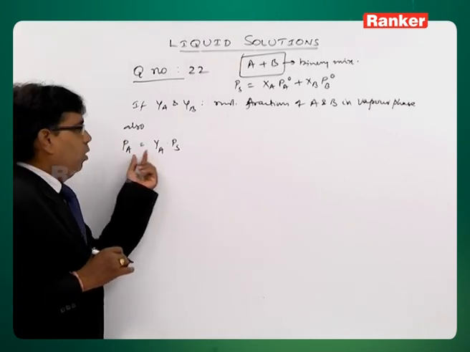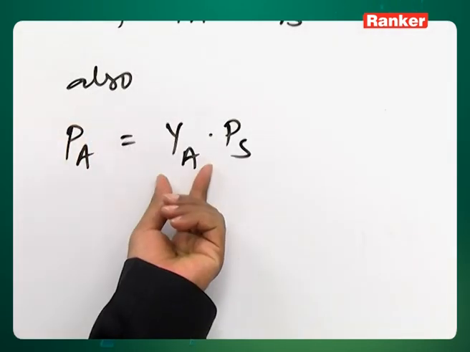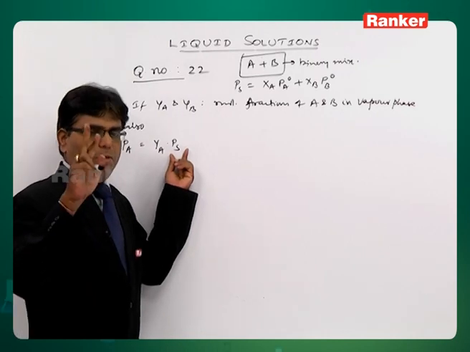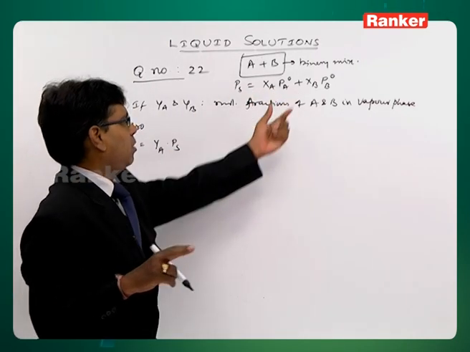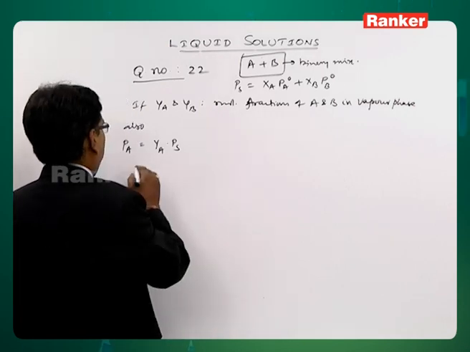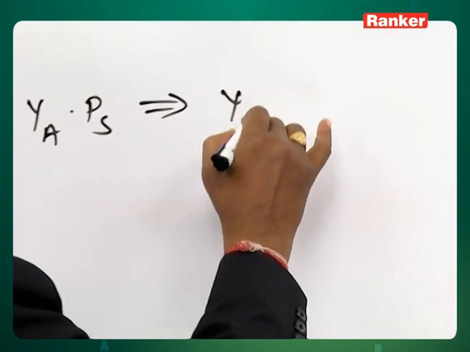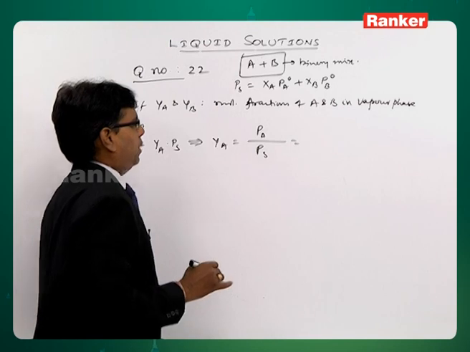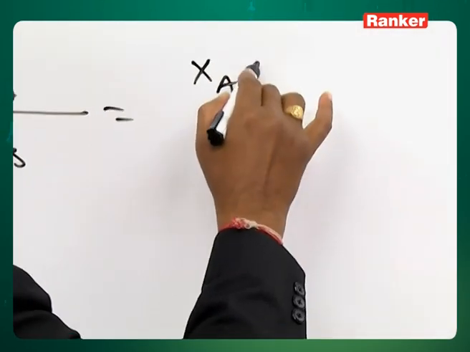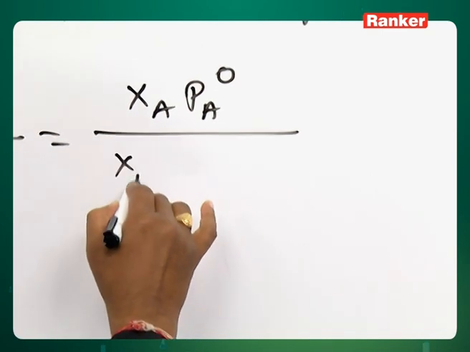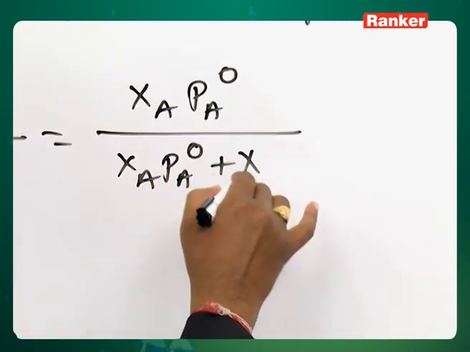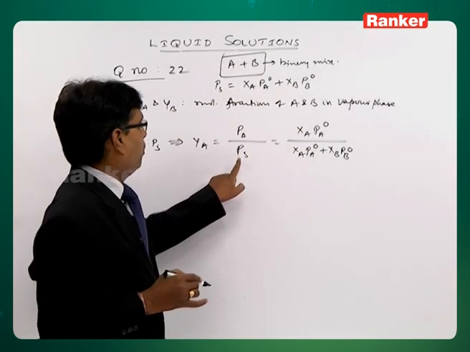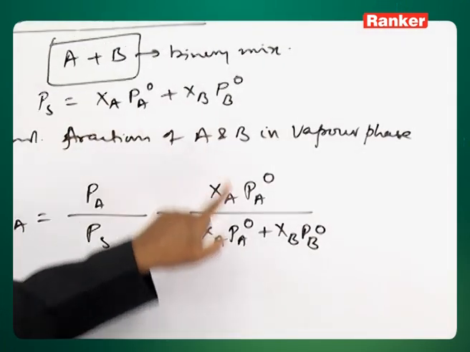Partial pressure is equal to the mole fraction of the gas, that is the mole fraction of the vapor here, into the total pressure of the mixture, that is the vapor pressure of the solution Ps, which is nothing but XA Pa naught plus XB Pb naught. So, Ya is equal to Pa by Ps, that is XA Pa naught by XA Pa naught plus XB Pb naught.